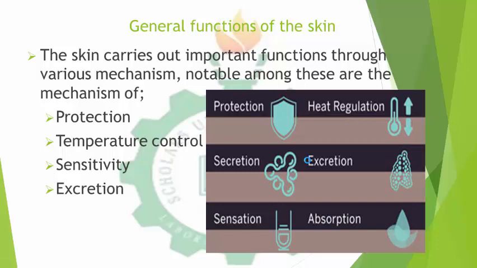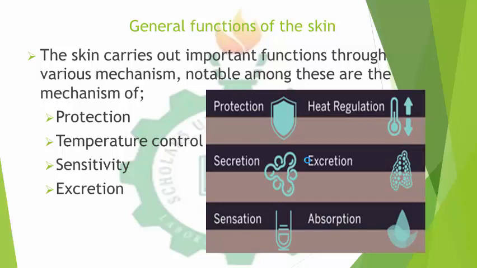Now, what are the general functions of the skin? The skin carries out important functions through various mechanisms. Notable among these are protection, temperature control, sensitivity, and excretion. These four major functions are key functions in the skin.